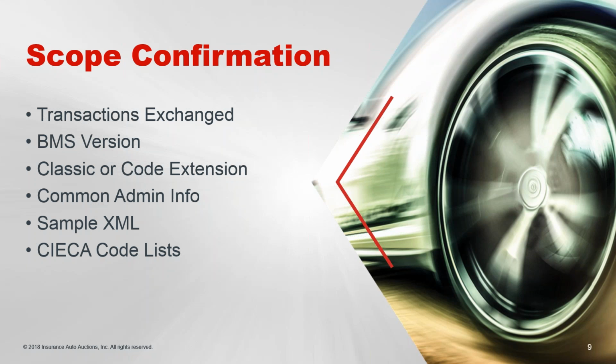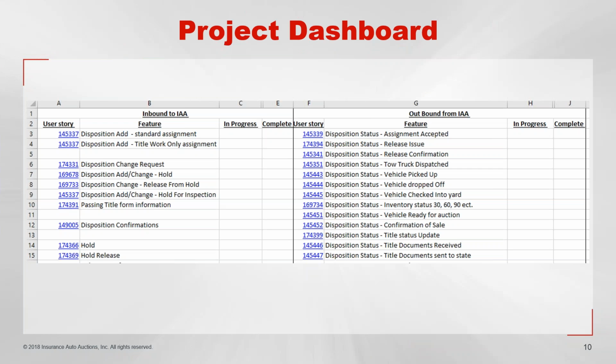We go through our code lists, the CIECA code list, to make sure that we have all of the values that we need. If there are things missing from the code list, then we go back to the CIECA committees and ask them to add things to the code list. If there's a transaction that we need that's missing, definitely you have to go back to the CIECA committees to try to get those transactions built. Next slide, please.